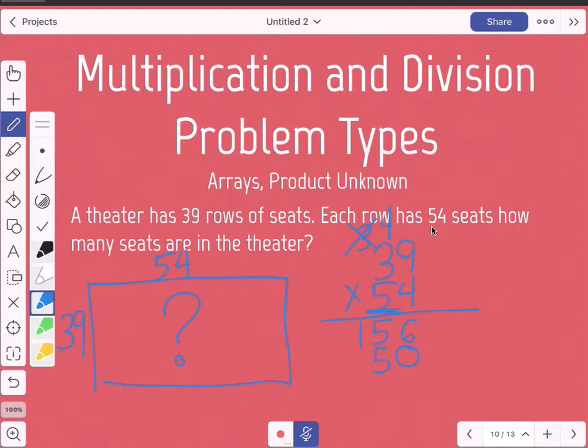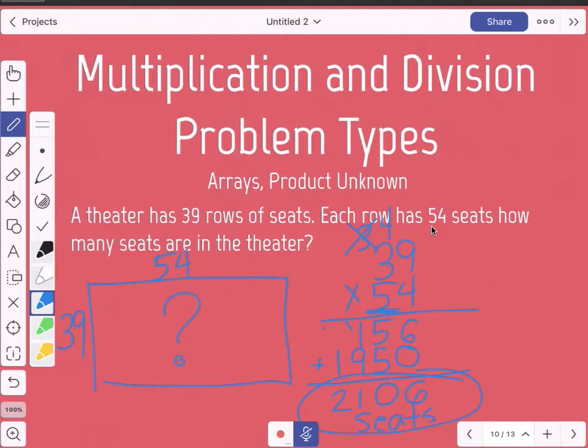And 5 times 3 is 15, plus 4 more is 19. I need to add those partial products. I get 6, 10, 11, and 2. So there would be 2,106 seats.